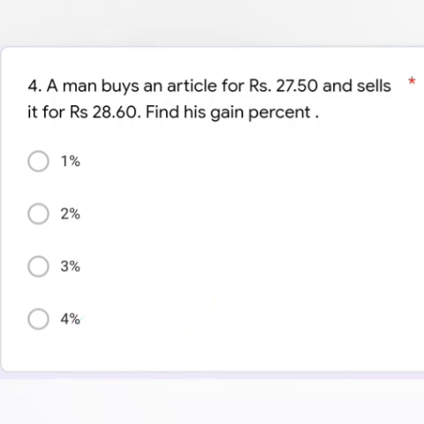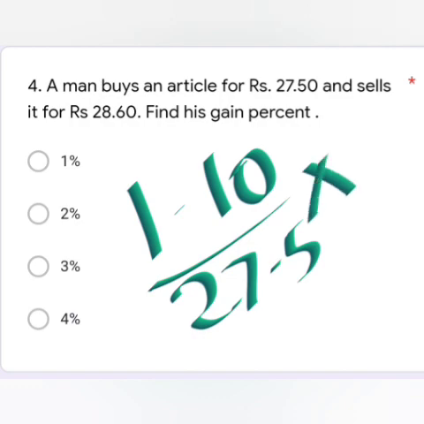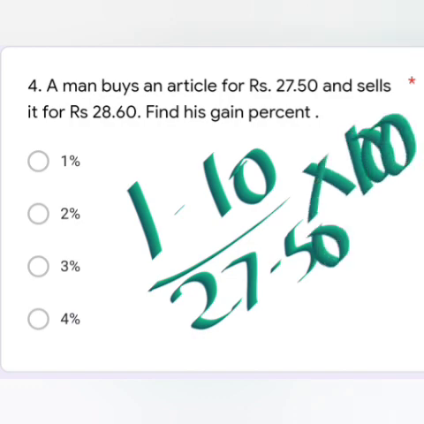So gain percent will be equal to gain by CP. What is your CP? 27.5 into 100. See here children, 27.50. Okay. Now see here. After the point, see the numerator and the denominator. Both of them are like decimals. 1.10, 27.50.